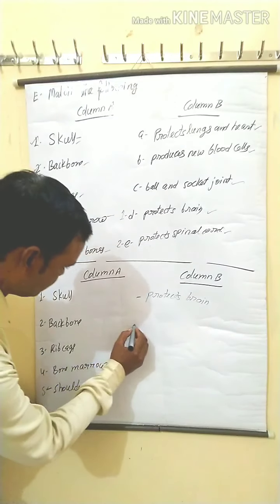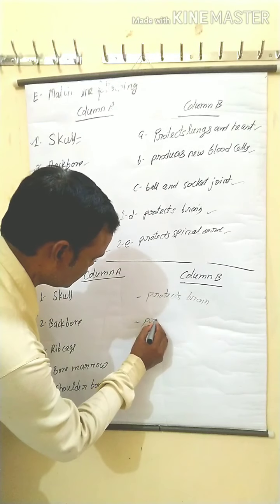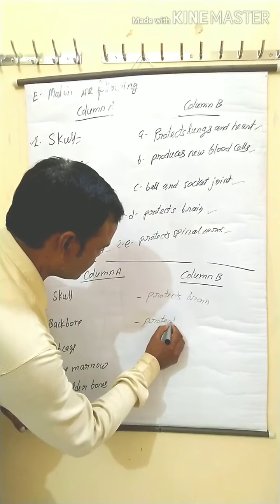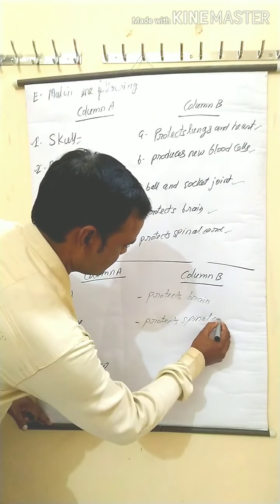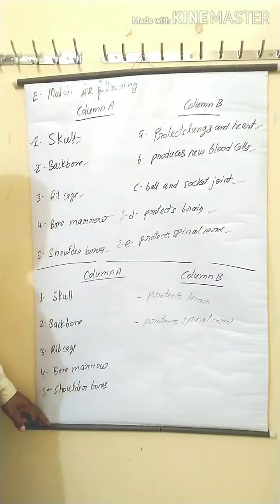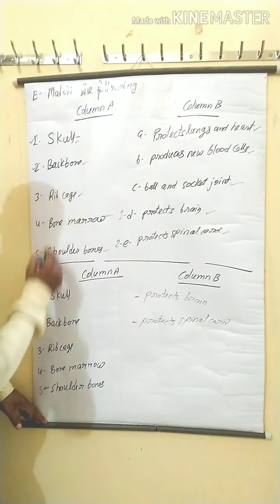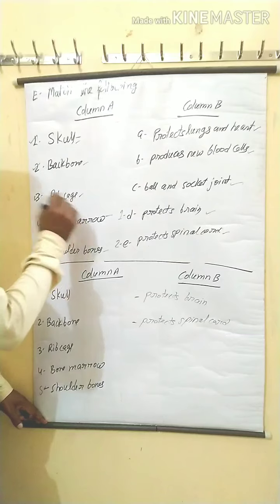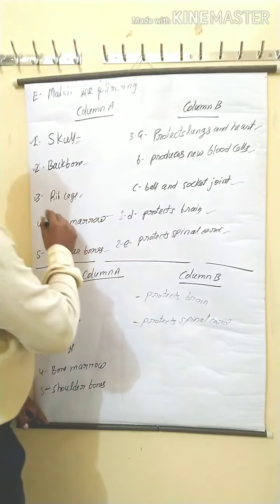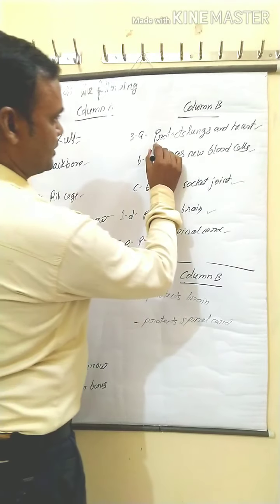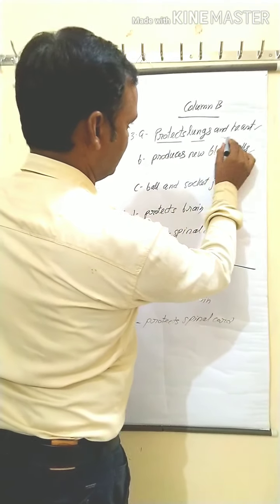In front of backbone, right, protects spinal cord. Next, rib cage. Rib cage protects, third number, you match to third number A, protects lungs and heart.